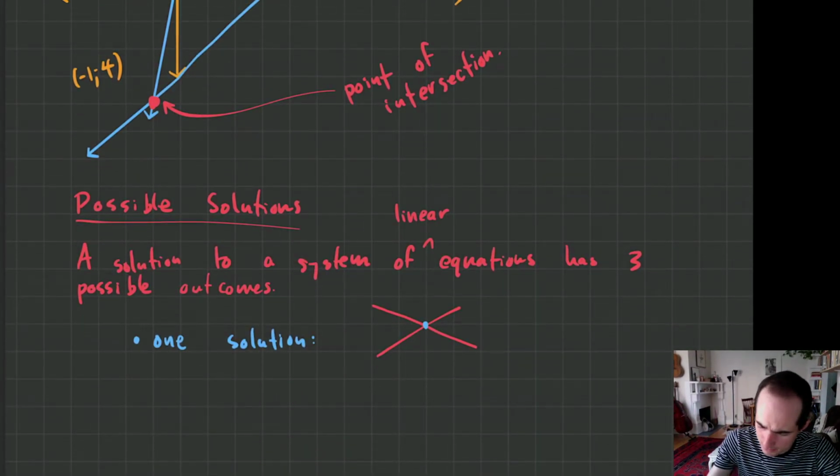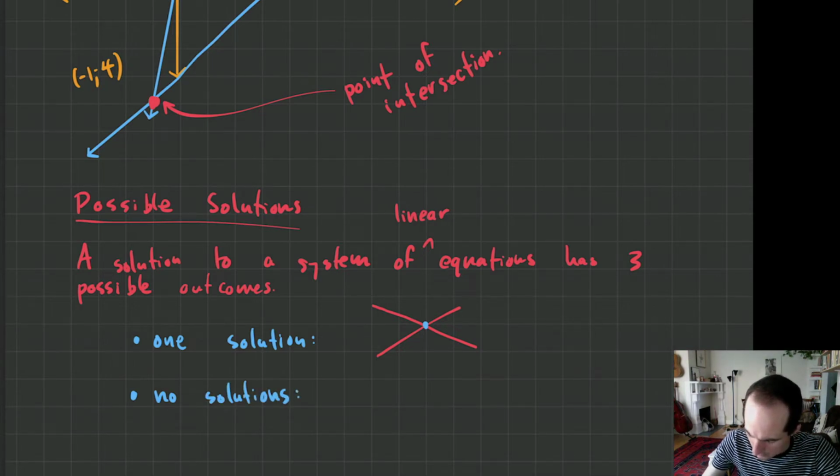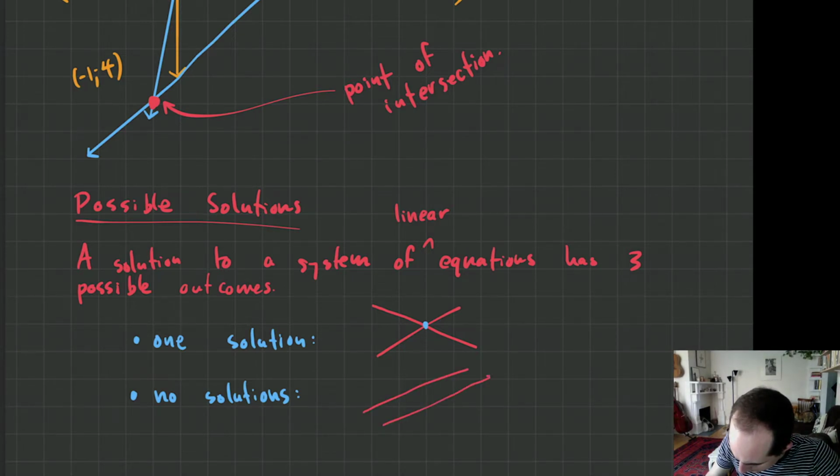The second possible outcome, and we'll see one of these at some point, is that we have no solutions. One way of looking at that is if you had 2 lines that are parallel, they have the same slope. I should have arrows on all of these. There's a symbol for parallel lines.